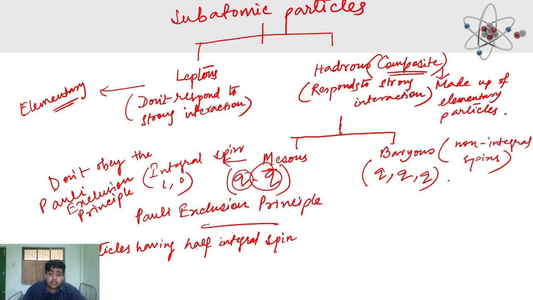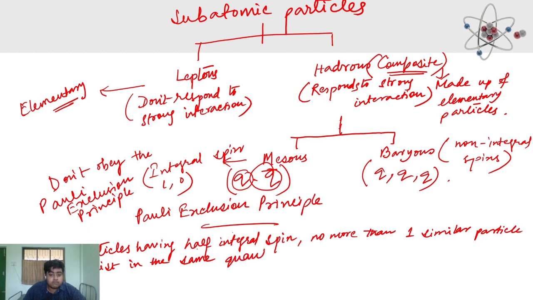For particles having half integral spin, no more than one similar particle can exist in the same quantum state.